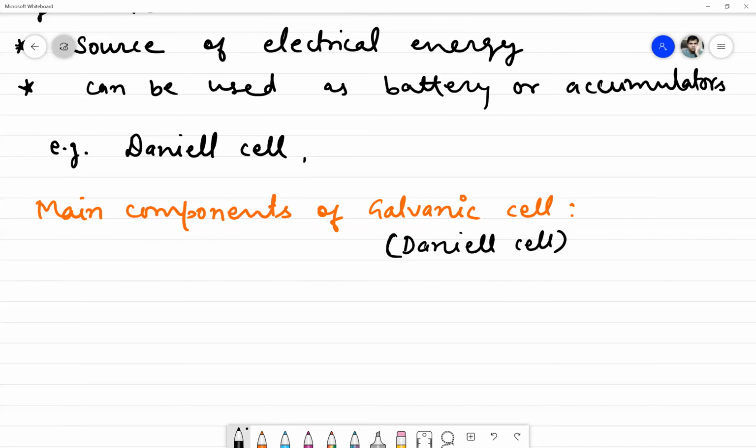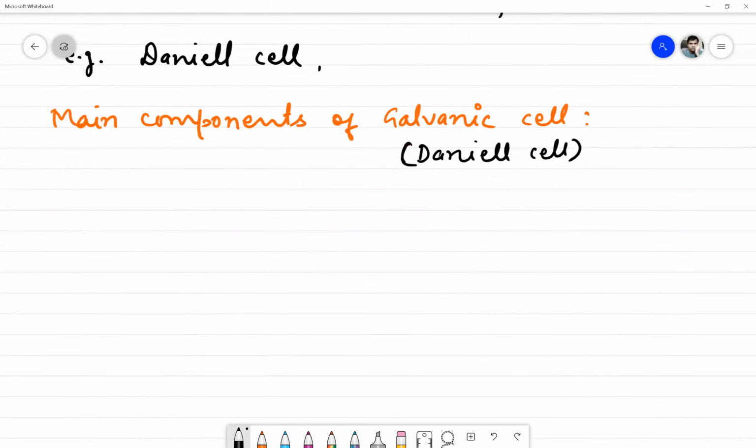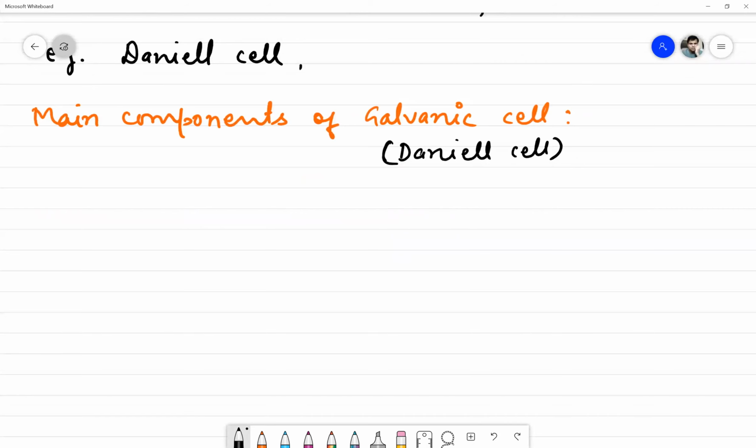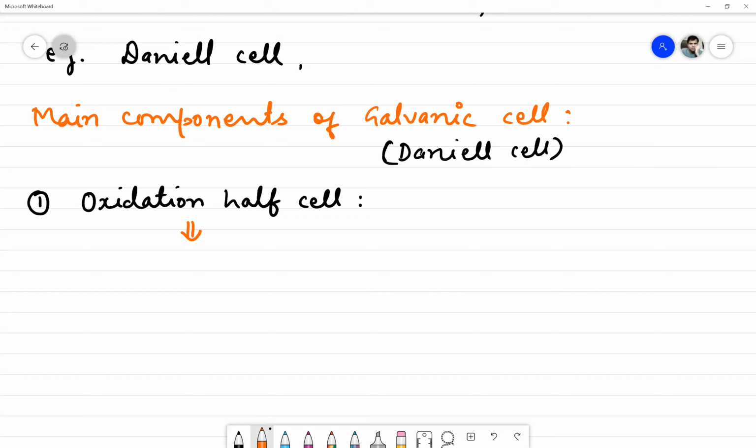The first component of a galvanic cell is called the oxidation half cell. This is the part of the galvanic cell in which the oxidation reaction takes place.